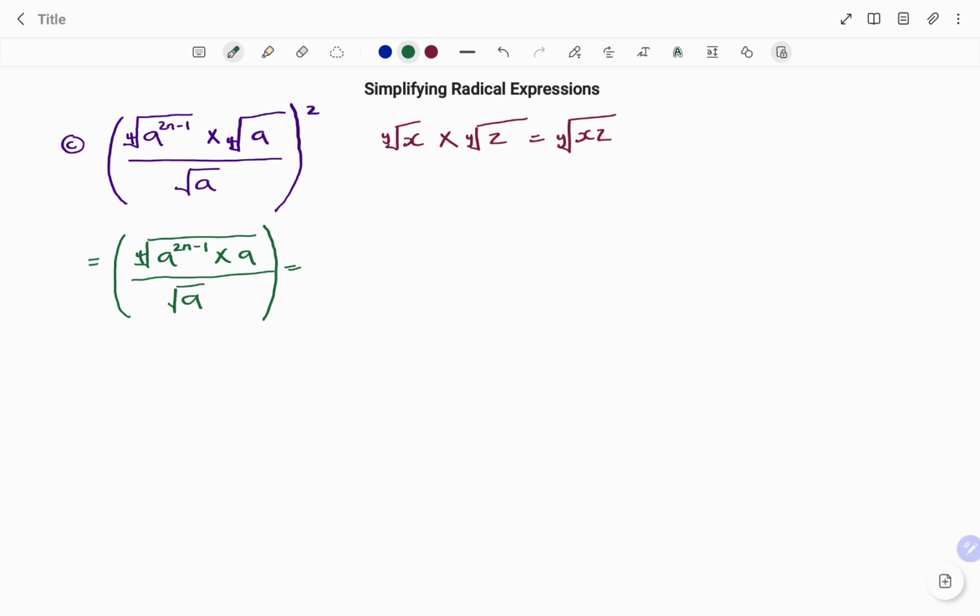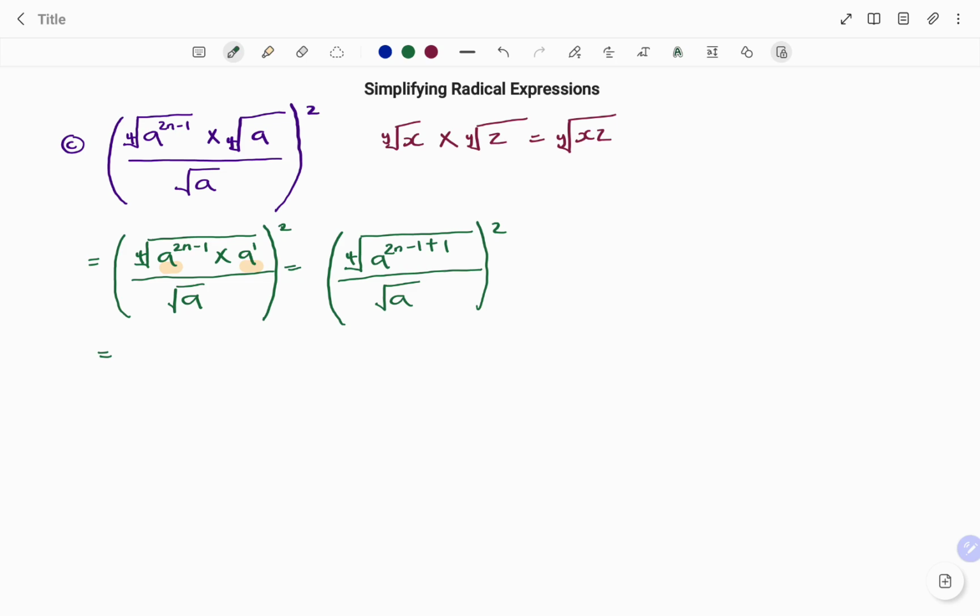So for my numerator above, merging the content of my root, I have the fourth root, because they have the same base, that's base of a. Then what I'm going to do is add the exponents. So I have 2n minus 1 plus 1, because there's an invisible 1 here, divided by the square root of a, close bracket, to the power of 2.